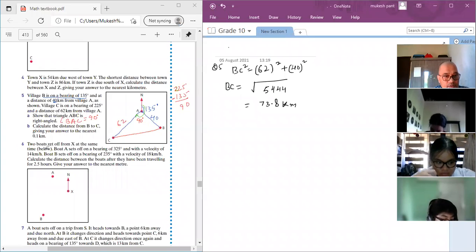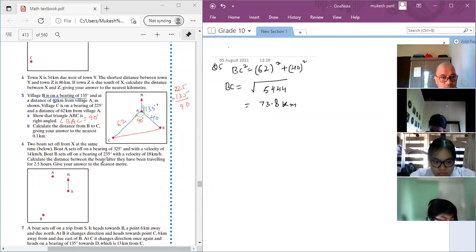Look at this, Khalila. Two boats set off from X at the same time. Boat A sets off on a bearing of 325 with a velocity of 14 km/h. Boat B sets off on a bearing of 235 with a velocity of 18 km/h.